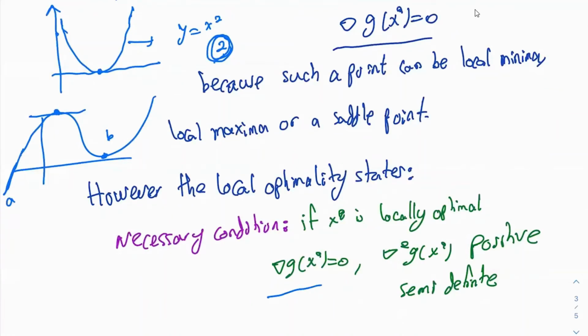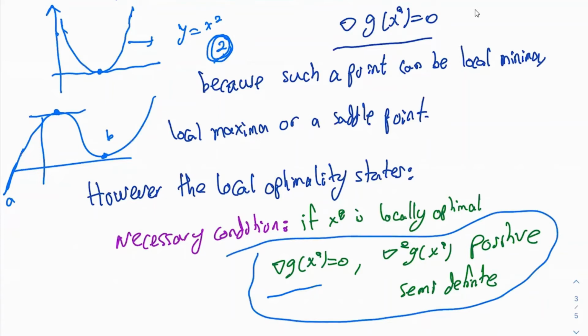This is a necessary condition. So if the point is locally optimal, then this is the case. It's quite important. It's a necessary condition for the point to be a local optimum, for the function g that is not convex.